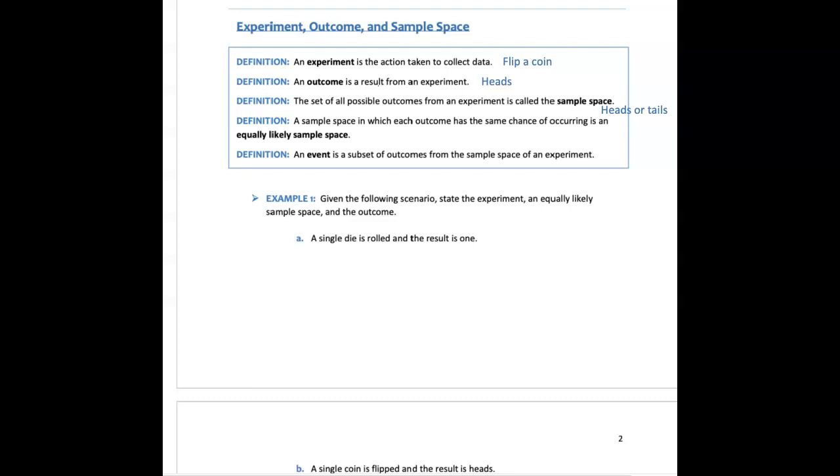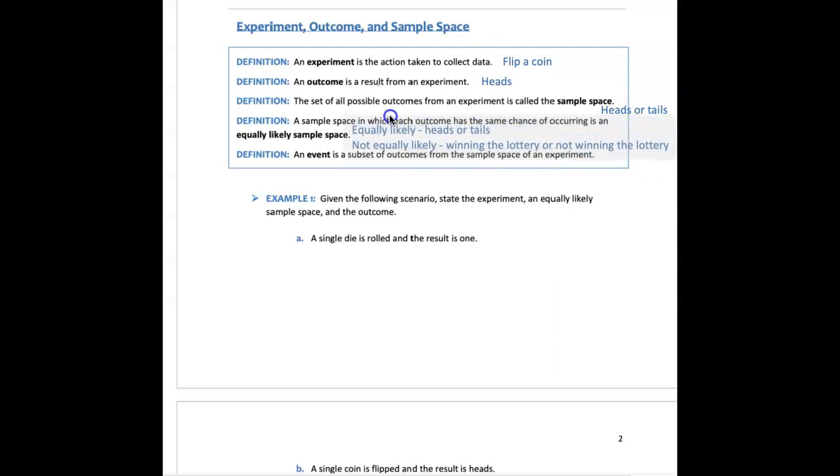An example of a not equally likely sample space is winning the lottery, right? Two things can happen when you buy a lottery ticket. You could win or you could lose, but those are not equally likely, right? It is more likely that you will lose the lottery, less likely that you will win. So all of that is written here.